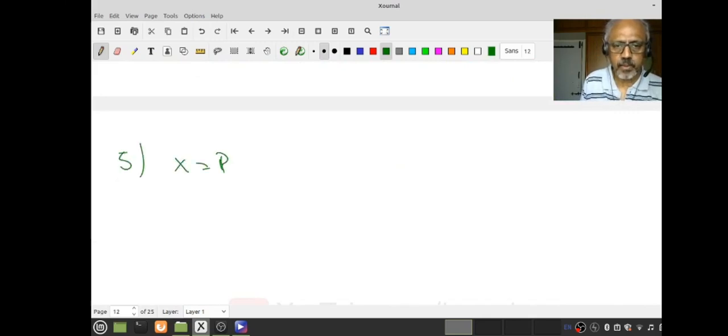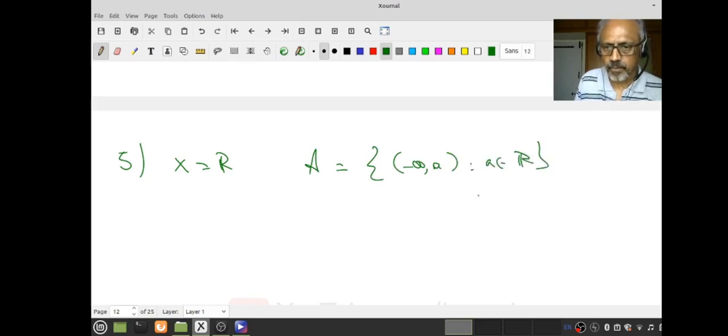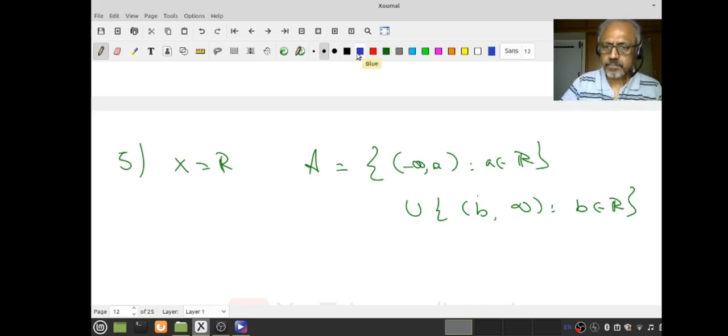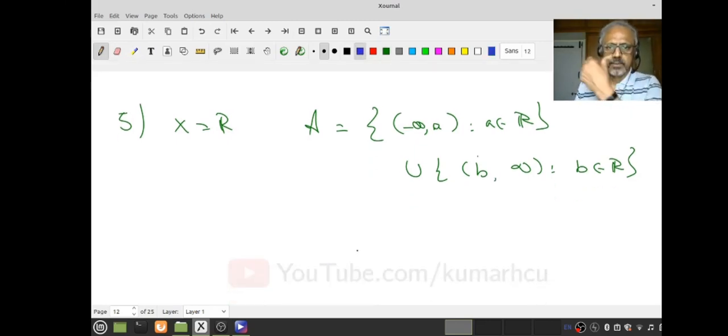Let X equal R. My collection A consists of all intervals of the form minus infinity to a and b to infinity. So what should be tau A? Can I describe it? Is the question clear?